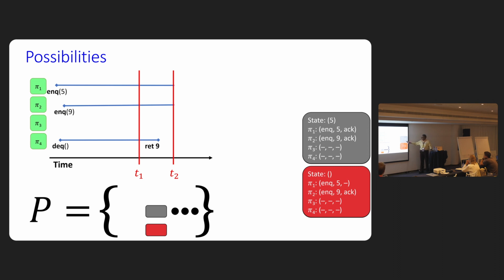It reflects the fact that pi4 and pi3 have no ongoing operations at time 2. These are possibilities at time 2 now. Pi3, pi4 have no ongoing operations. Pi1 and pi2 have both linearized, and 9 was taken away, removed by pi4. So the Q state is just 5. So that is a possibility.